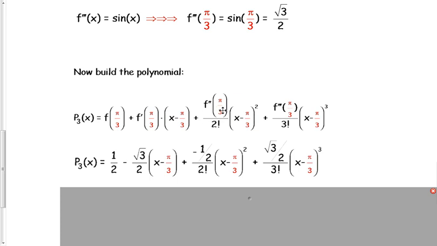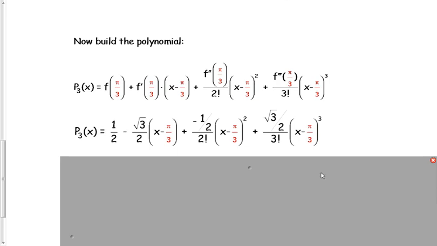And then we found f double prime of pi over 3 to be negative 1/2, and it's real hard to see, but there's a division bar right there, negative 1/2 over the 2 factorial, and then we have the binomial squared. And f triple prime of pi over 3, it's hard to see that division bar, I notice, but that was square root of 3 over 2, and that's what we have here, square root of 3 over 2, and it was positive over 3 factorial.